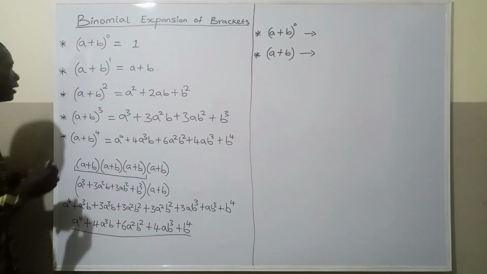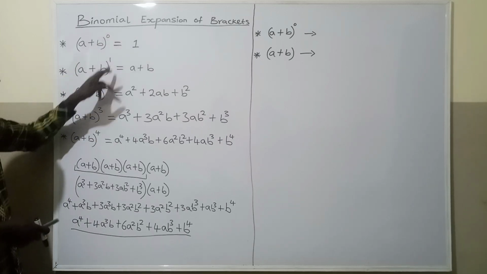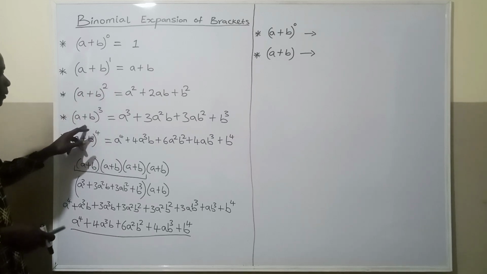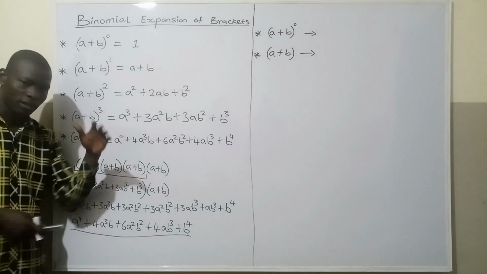So these are the expansion for a plus b raised to power 0, a plus b raised to power 1, a plus b raised to power 2, a plus b raised to power 3, a plus b raised to power 4. And the list can go on and on.